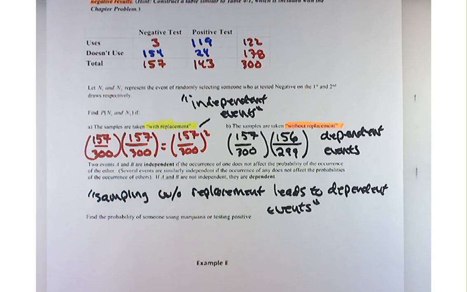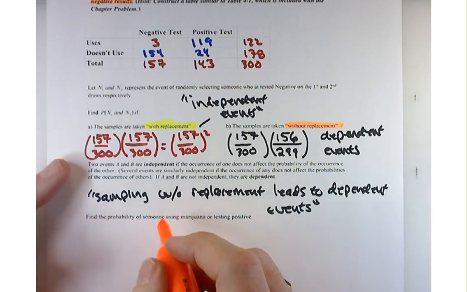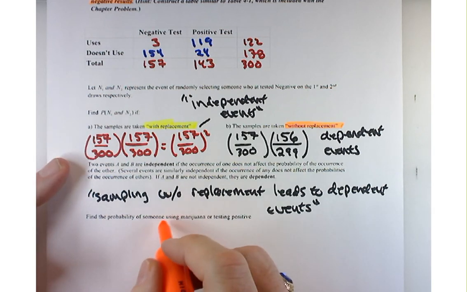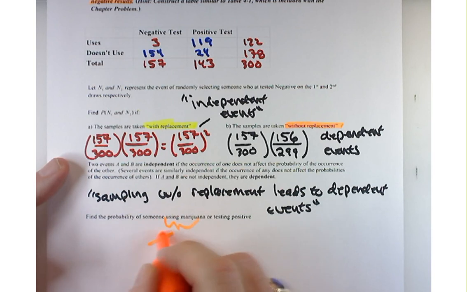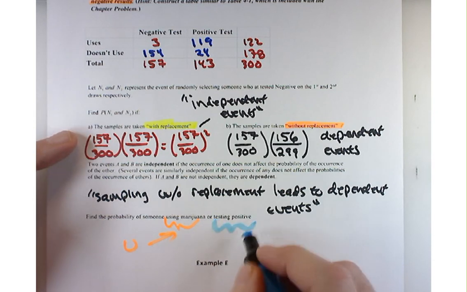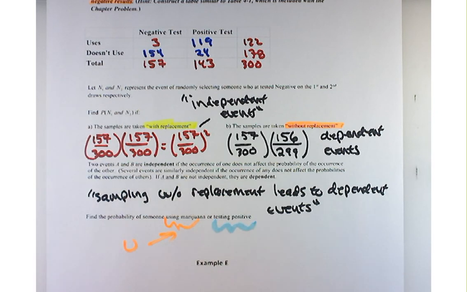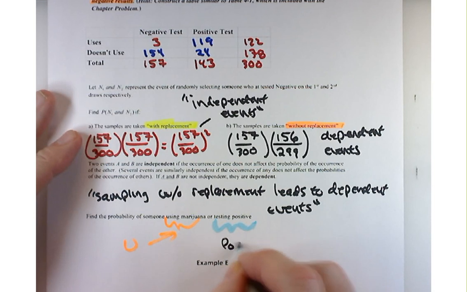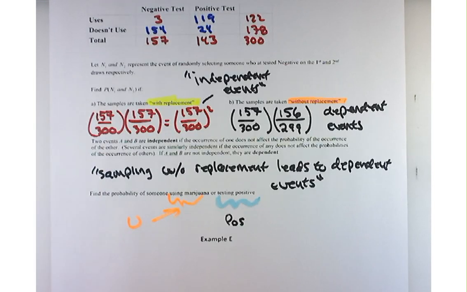All right, so I'm going to come up with some more notation for these things, just out of convenience for us. So we're going to let the event U be the event that somebody that's randomly selected uses marijuana, and then I'm going to do POS as the event that somebody randomly selected tested positive.